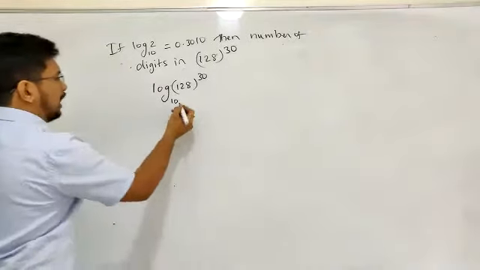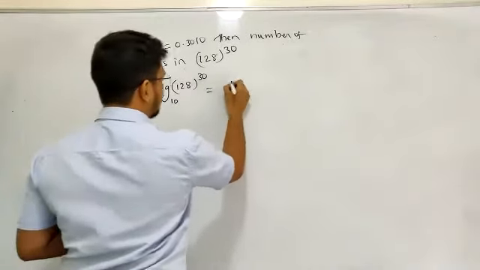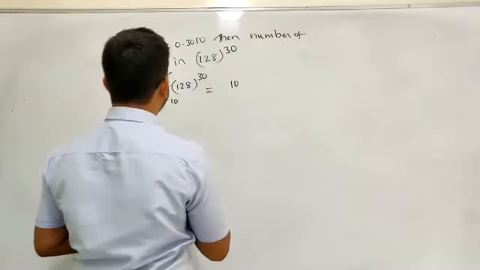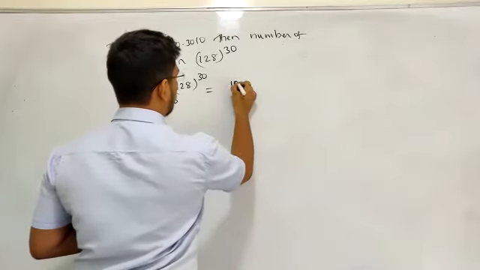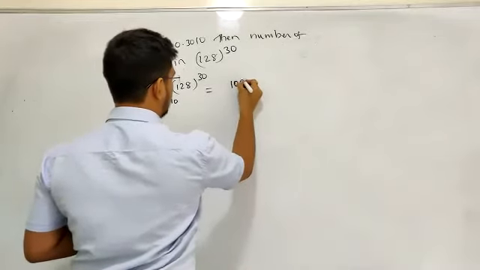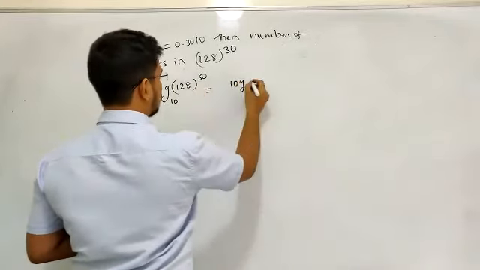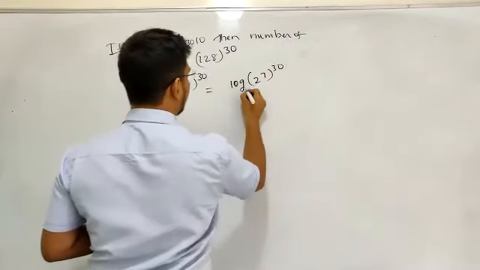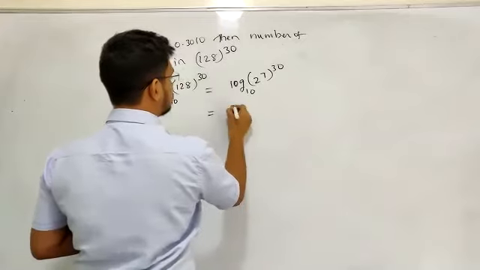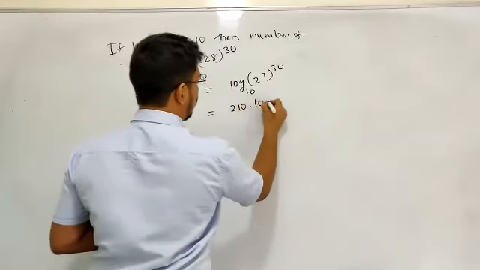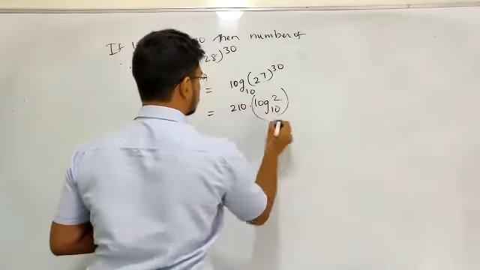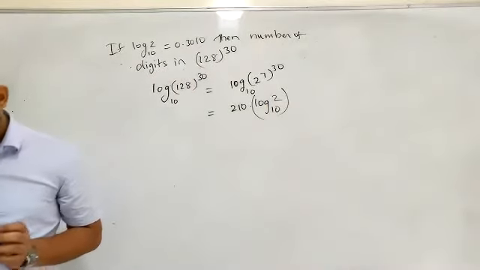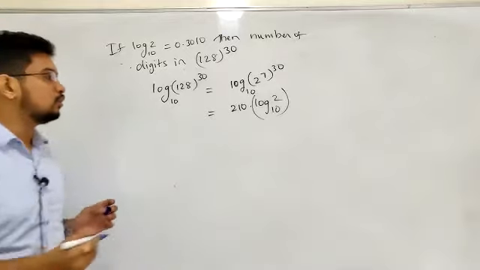See, listen, I told you this value. This is log of 128 power 30. If I write it like this, this is log of 2 power 7 to the power 30 to the base 10. So this is 210 into log 2 to the base 10.